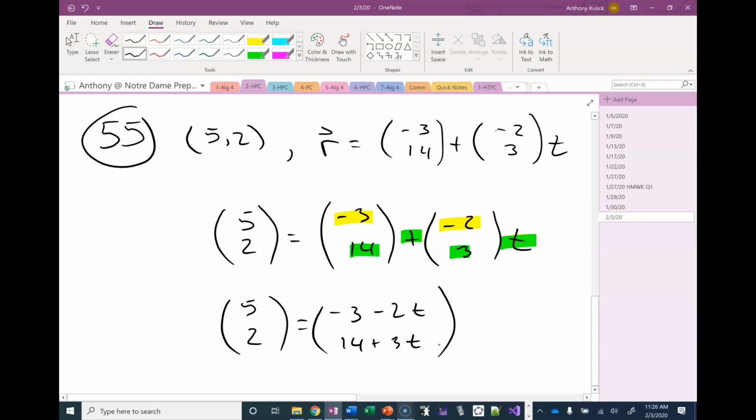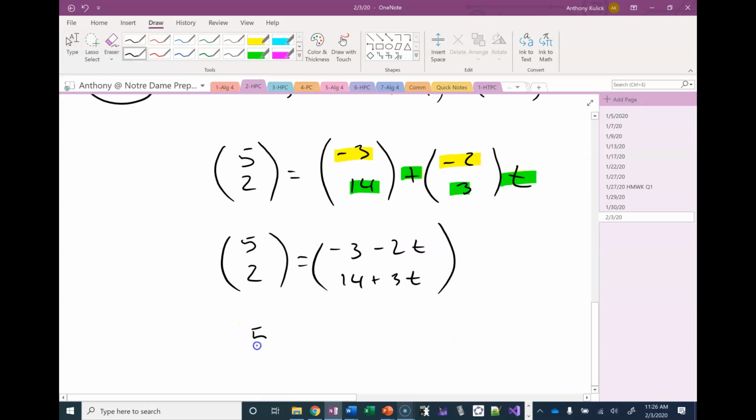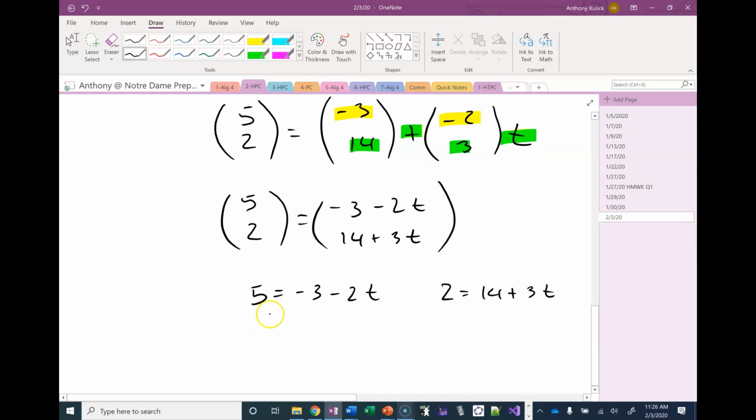You okay there? What I'm going to do now is solve for t in each of these rows. And if I get the same value for t, then yes, this would be a point on the line. If the values for t disagree, no, it wouldn't.